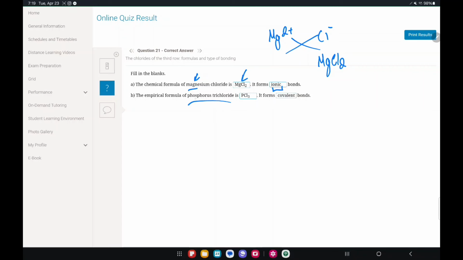That's kind of obvious, PCl3, but you can still do it. Phosphorus is in group 5, so P3 minus, Cl minus, crisscross, PCl3, and it's covalent.